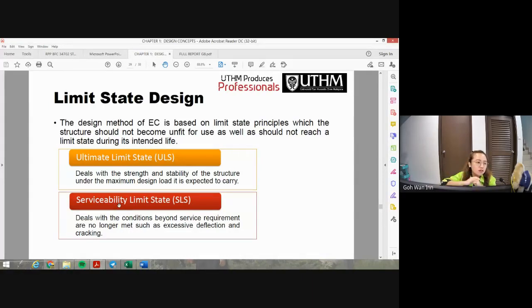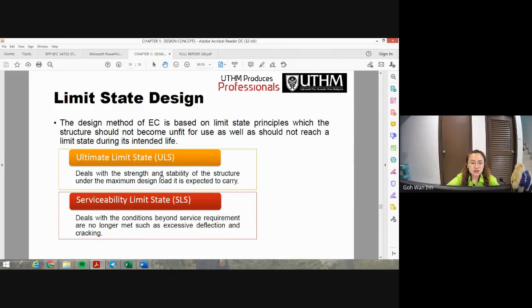Okay, so our reinforced concrete should not reach the serviceability limit state, which is the yield point for both concrete and reinforcement. It must always stay in the elastic state. So this is the serviceability limit state. After the concrete reaches the serviceability limit state, it will go into the plastic state, up to the ultimate load, which is the maximum loading that the concrete can take after cracking.